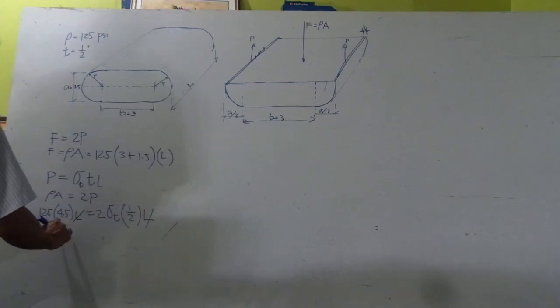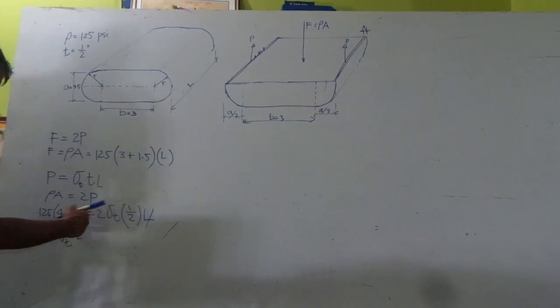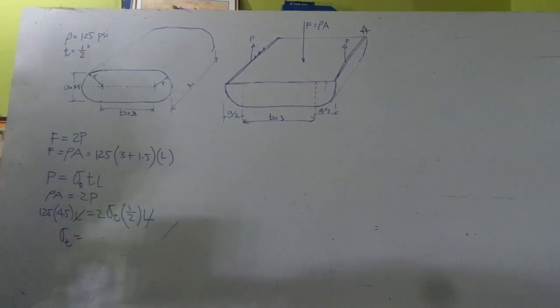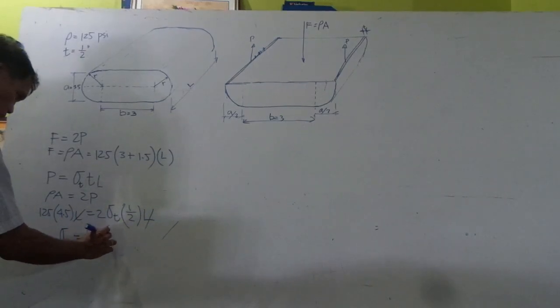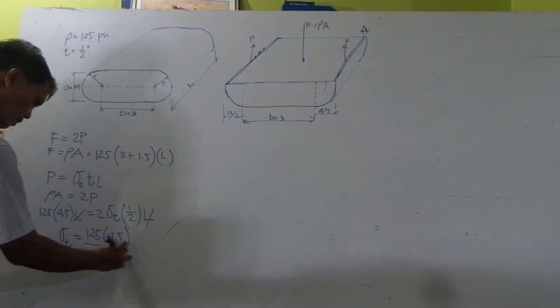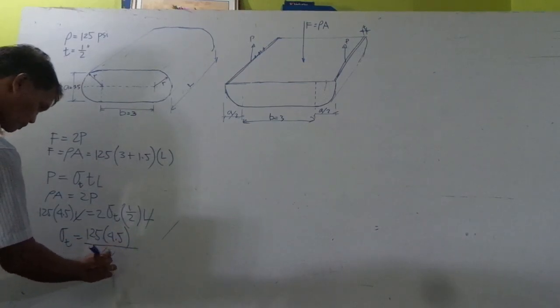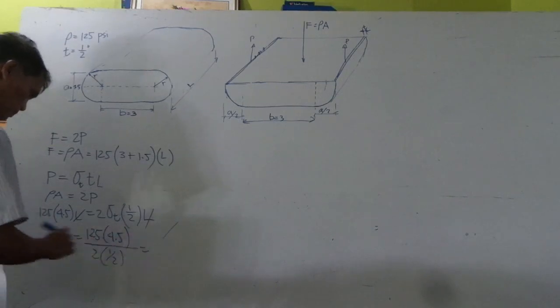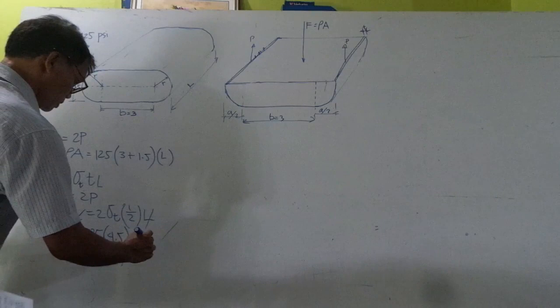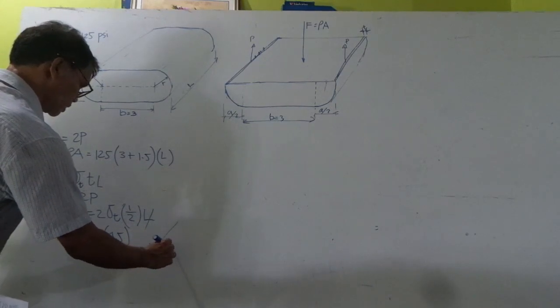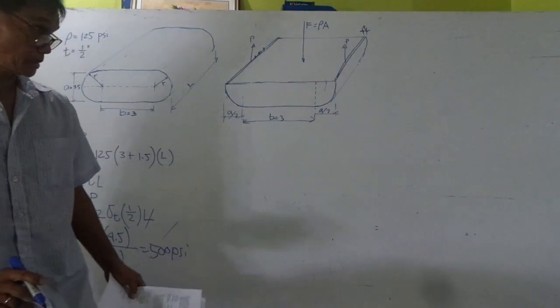So tangential stress is equal to 125 times 4.5 divided by 2 times 1 half, which equals 500 psi.